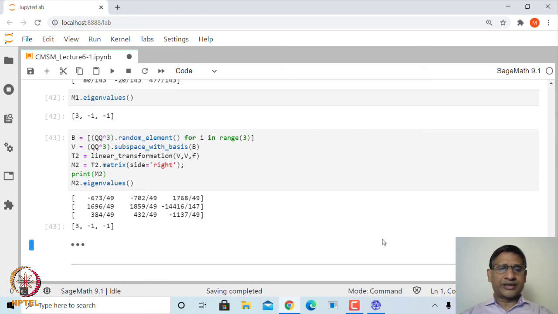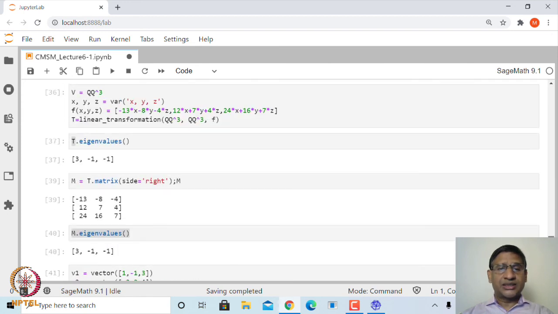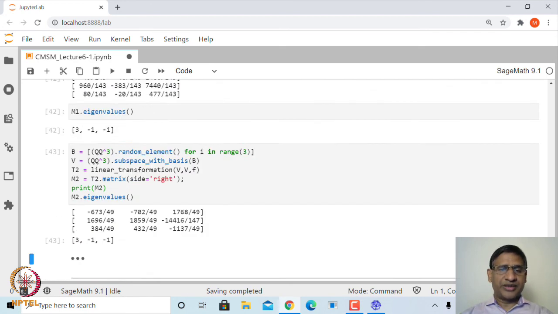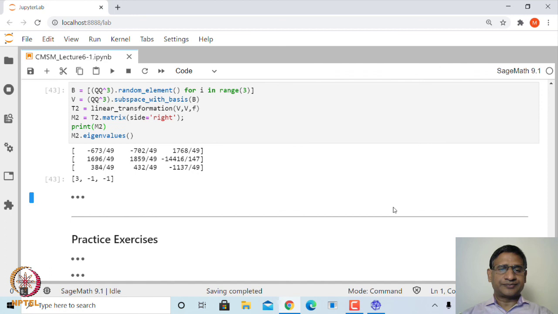Again you can see the eigenvalues are 3, minus 1, minus 1. So, the eigenvalues of a linear transformation are the same as the eigenvalues of the matrix associated with that linear transformation with respect to any basis. That is what it means, and of course, one can prove this.